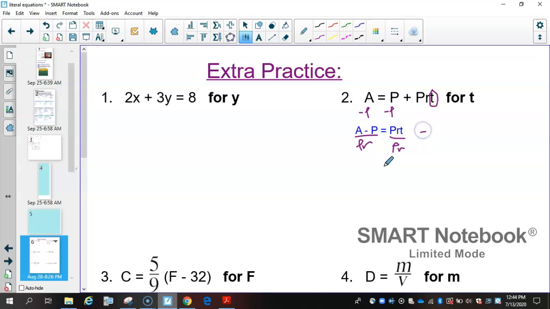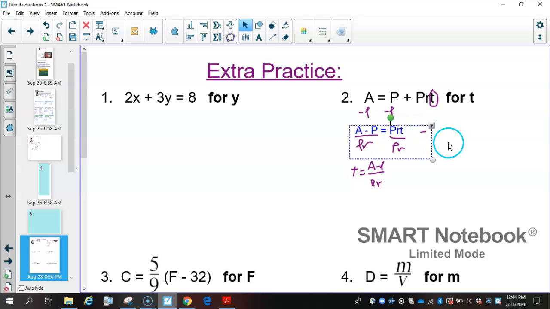So t equals a minus p all over pr. So that may have looked a little complex, but it became not so complex.